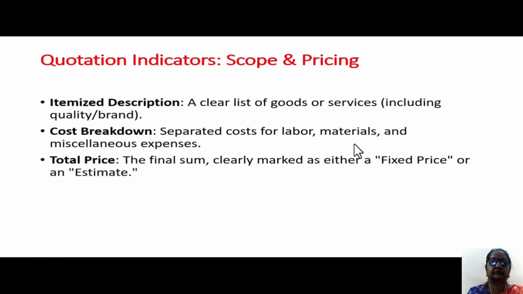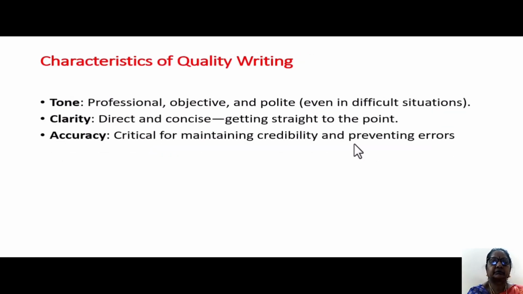Whatever you write should have proper quality: the tone, the clarity, the accuracy. These are the characteristics of business correspondence itself, how the communication should be. The tone must be very clear, objective, and polite.